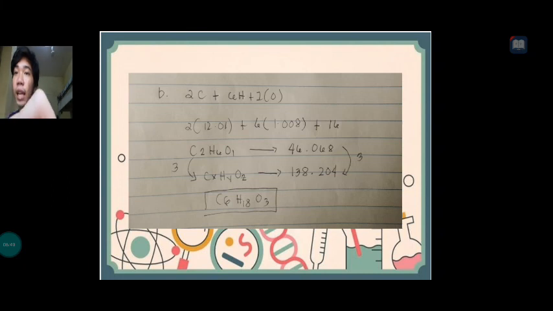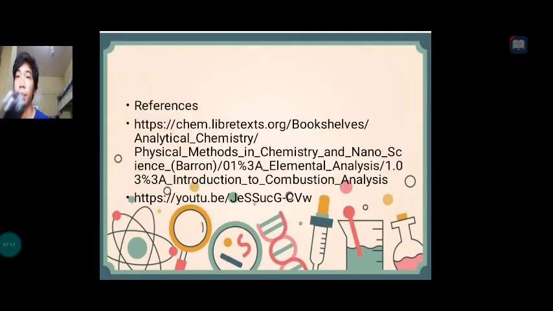And then 3 times 6, the hydrogen, we have 18, hydrogen 18. And then 3 times 1, which is 3 for oxygen. So we get the molecular formula, which is carbon 6, hydrogen 18, and oxygen 3.